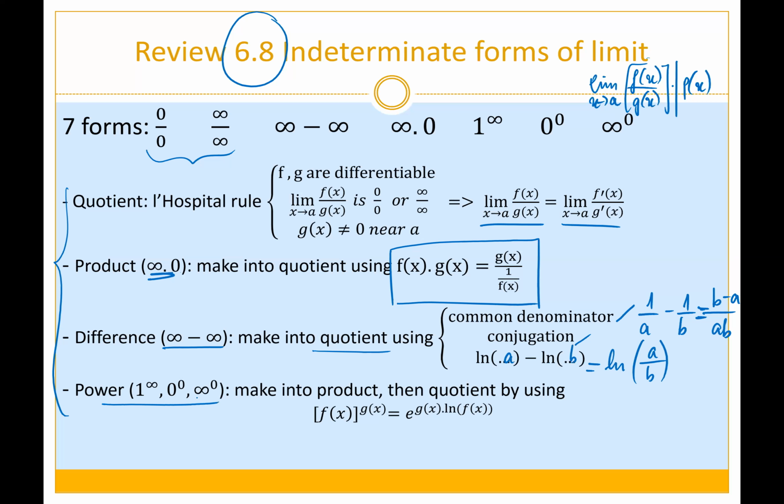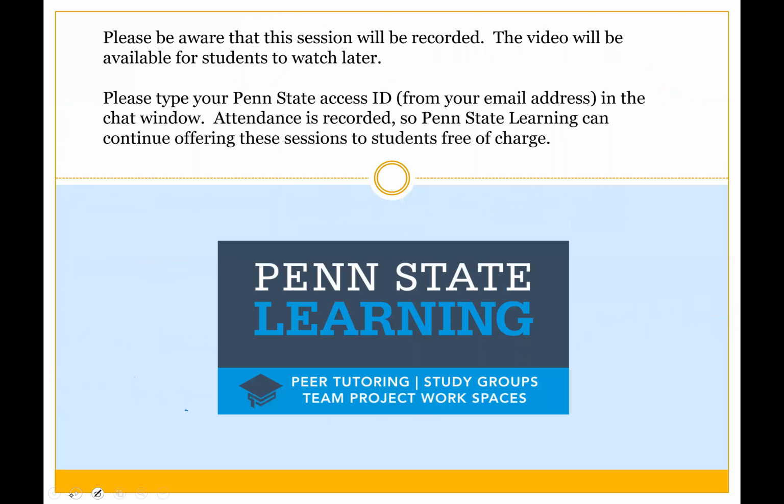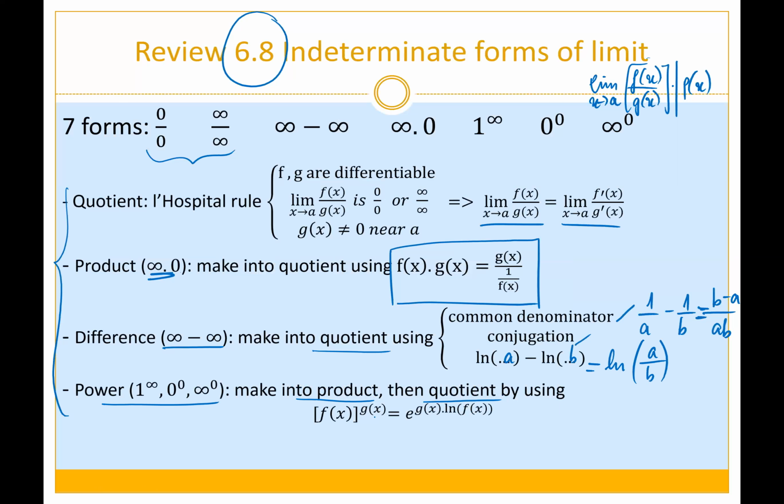If you have a power like 1 to the infinity, 0 to the 0, or infinity to the 0, you're going to make it into a product, then a quotient. First, for the product, you have f(x) to the g(x), and you put it in the form of e to the g(x) multiplied by ln of f(x).